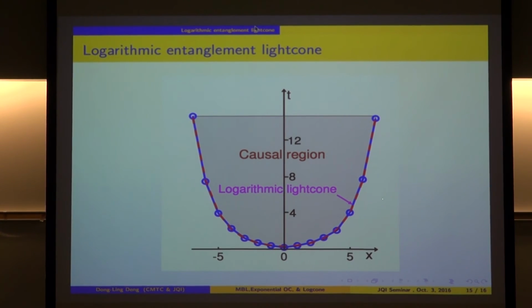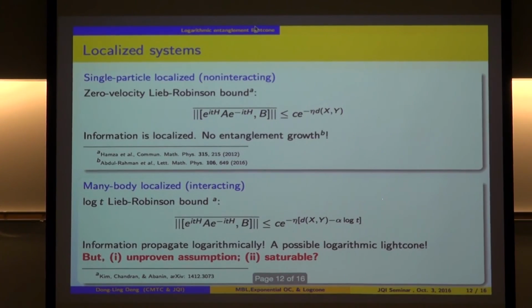This indicates that the log T Lieb-Robinson bound cannot be further tightened to a constant bound in time. So that shows the difference between the many-body localization case and the single particle localization case.